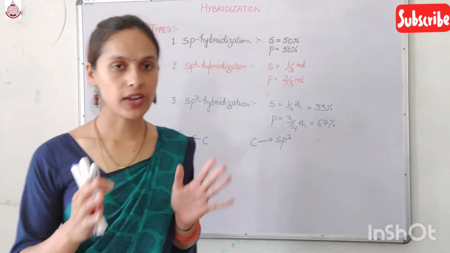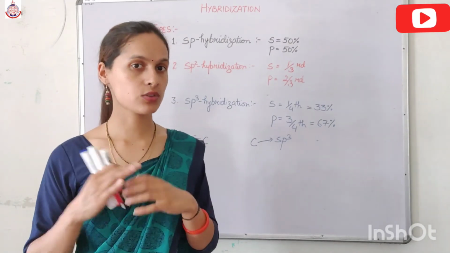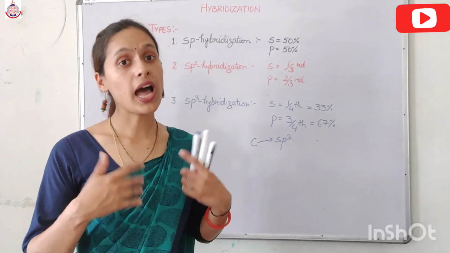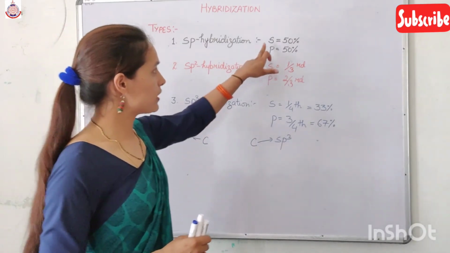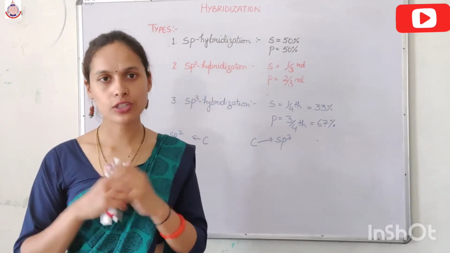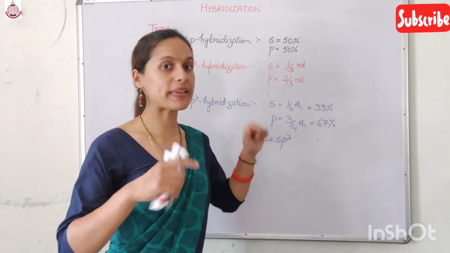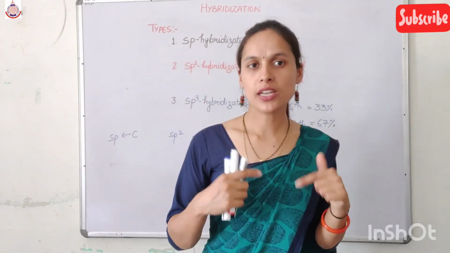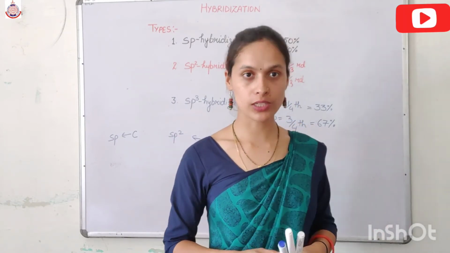Now how does hybridization affect the bond energy? s is smaller in size, but p is not smaller in size. So when we move from sp to sp3, p character increases. Due to the increase in the p character, the size of the hybrid orbital also increases.